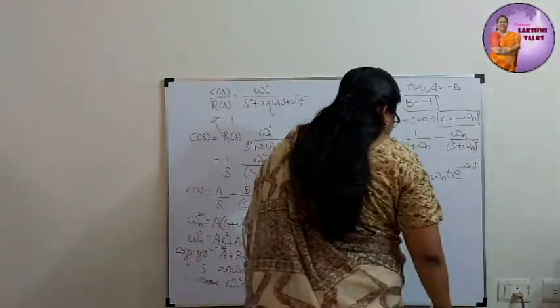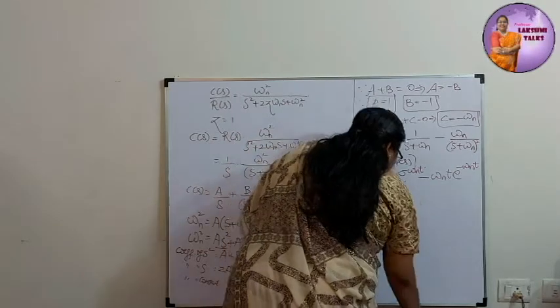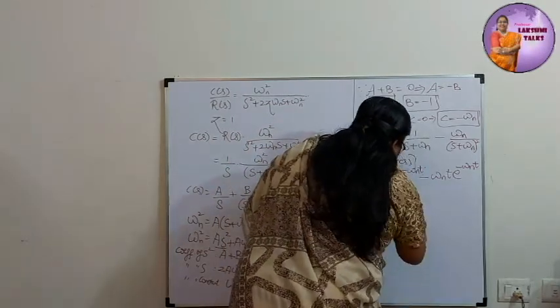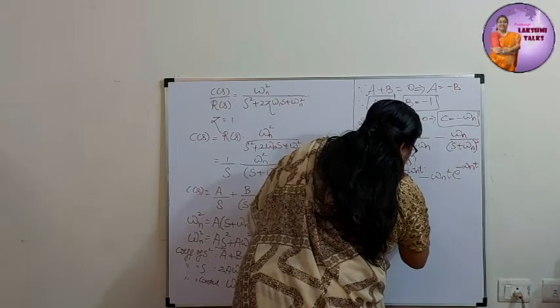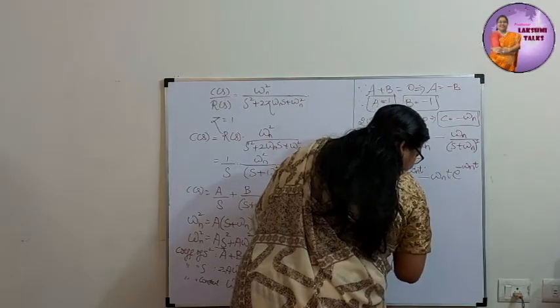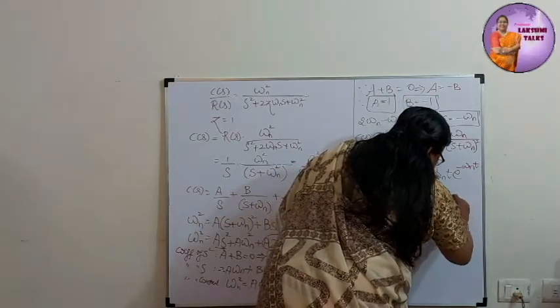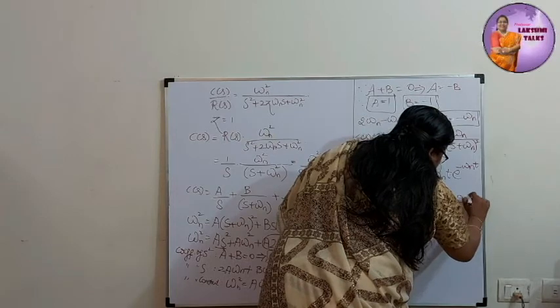Okay. So the final expression for C of t is equal to 1 minus e power minus omega n t into 1 plus omega n t.